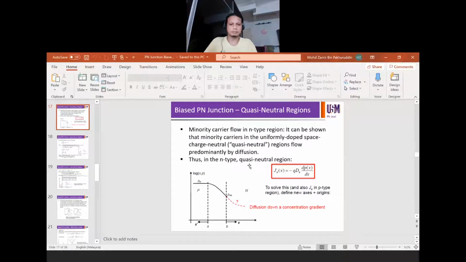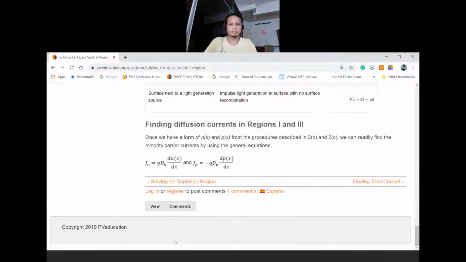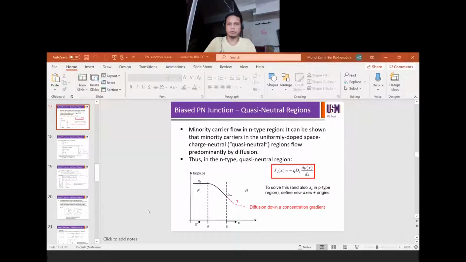Okay, now can you see the page? PVC-ROM page? All right, that's good. Okay. Do you also see?